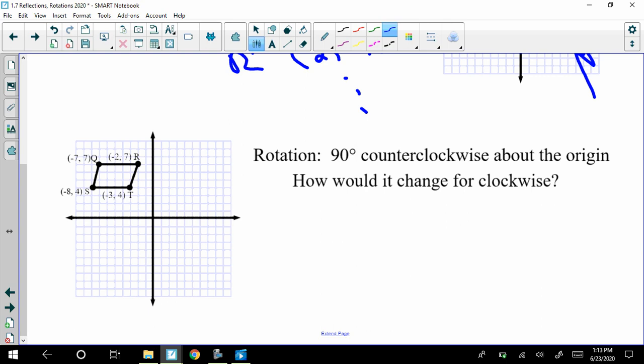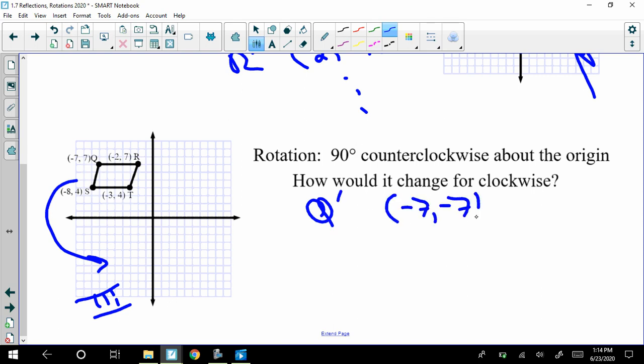And the next one here, if we're rotating 90 degrees counterclockwise, we're moving into the third quadrant. Third quadrant, coordinates switch, and the signs take on that quadrant: negative, negative. So Q prime would be at negative 7, negative 7.